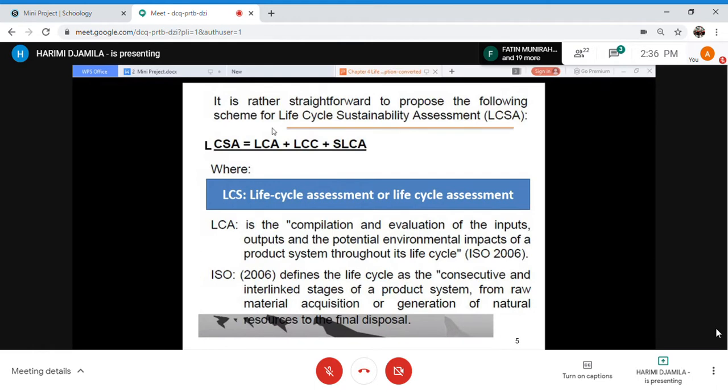So the life cycle analysis, or life cycle assessment, identifies environmental hotspots in products and materials, and establishes the benchmark against which improvement can be measured.